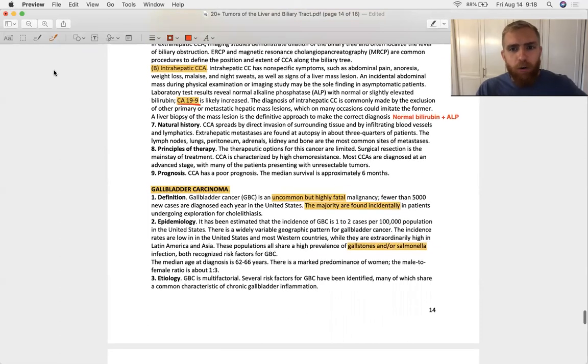So it spreads by direct invasion. Extrahepatic metastases are often found. Can lead to multiple organ dysfunction. Therapeutic options are limited because this cancer is typically very far down the line by the time we catch it.